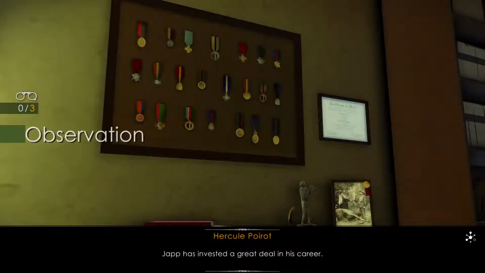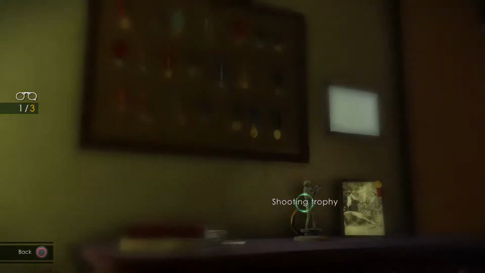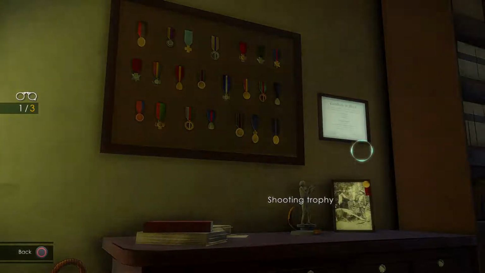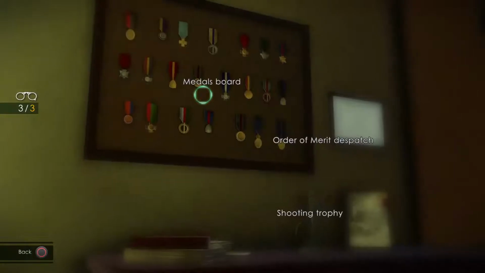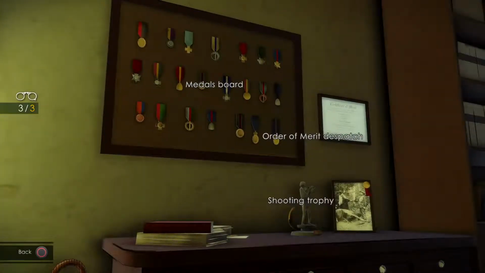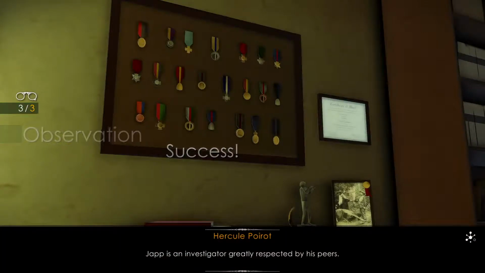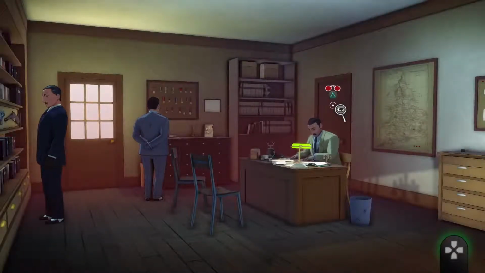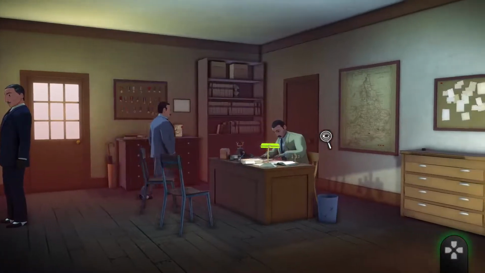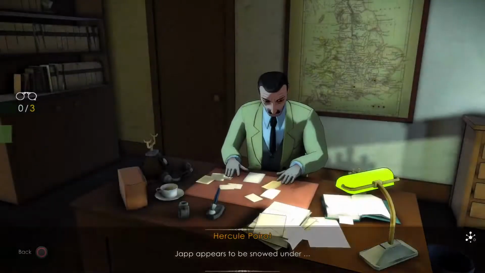Japp has invested a great deal in his career. Japp is an investigator greatly respected by his peers. It's a lot of medals. Japp appears to be snowed under.